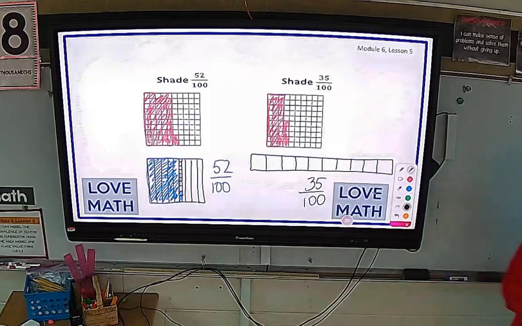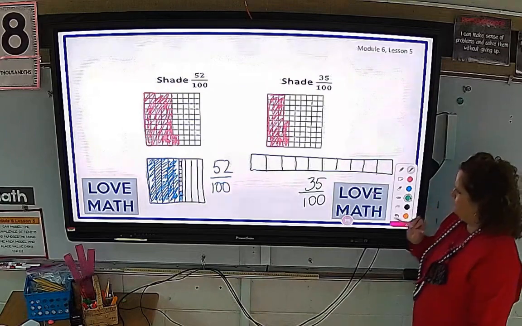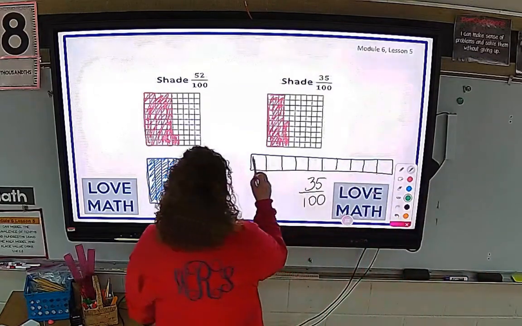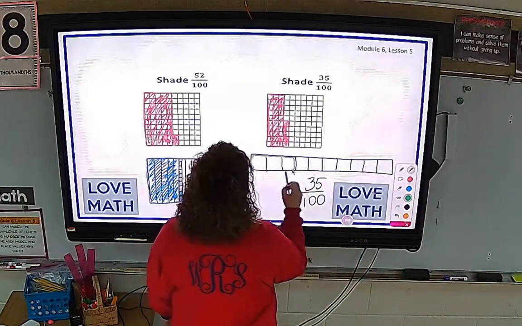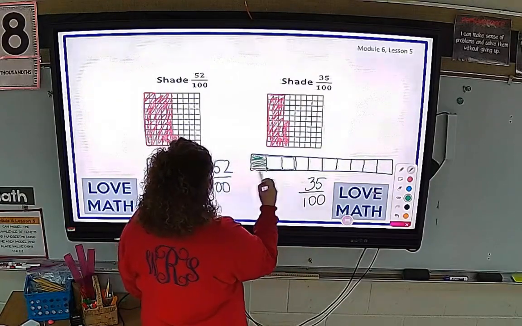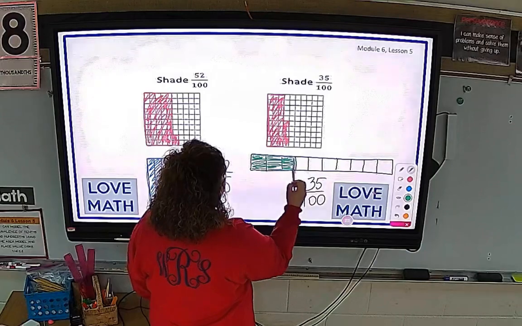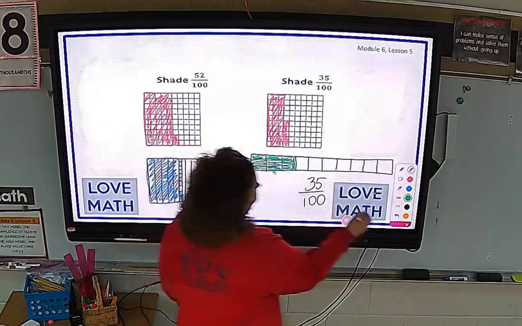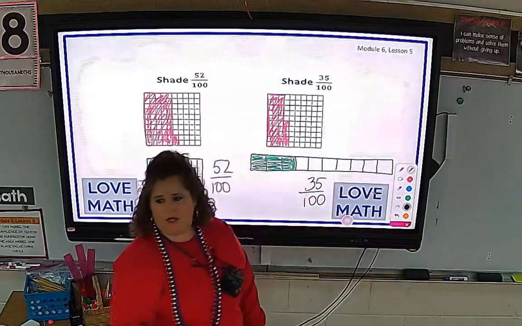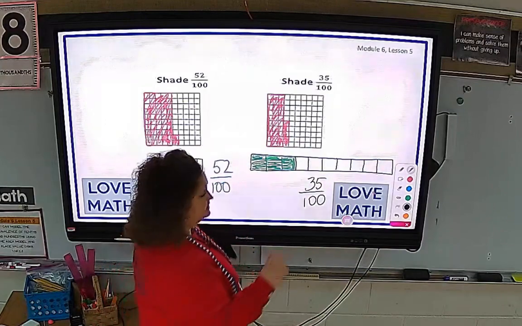All right, think about the tape diagram that looked a little different that we saw a few minutes ago. What are we going to shade? 3 whole boxes. What are we going to do to the very next box? We're going to cut just that very next box into 10 pieces.